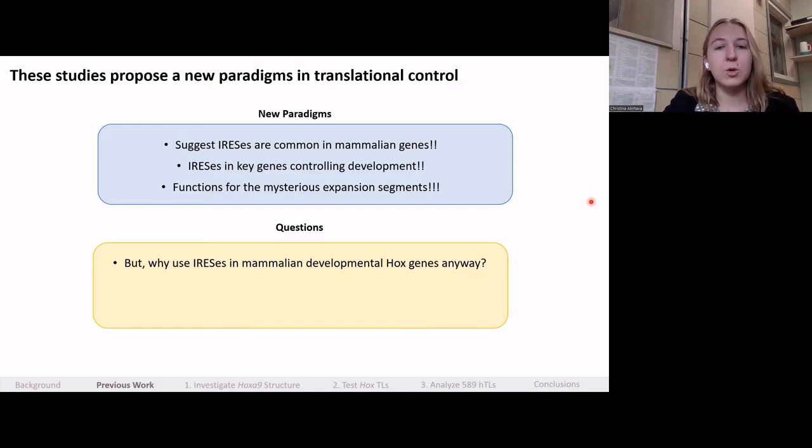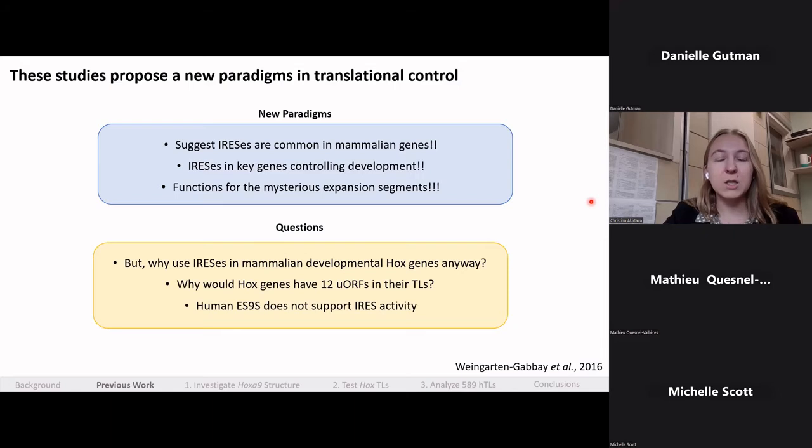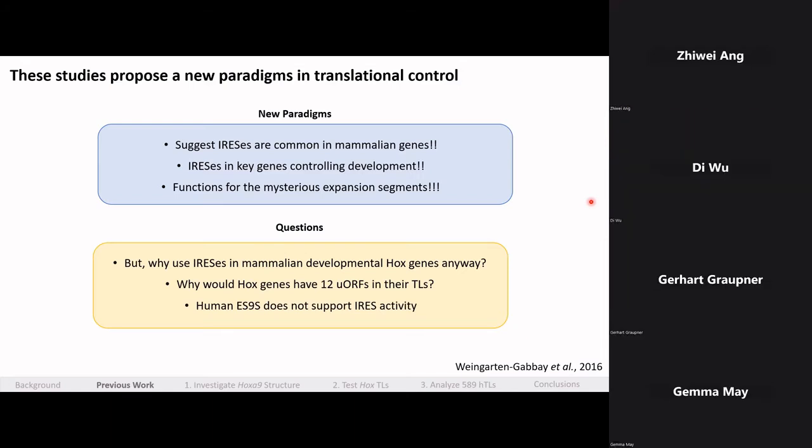For example, why would Hox genes use the less efficient IRES method for translation? And what is the reason for the HOXA9 transcript leader having so many uORFs within the upstream region? Additionally, there was previous work that actually showed that the human expansion segment 9S did not actually support IRES activity.